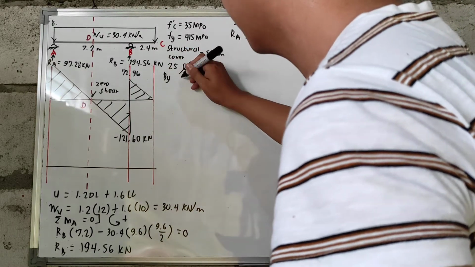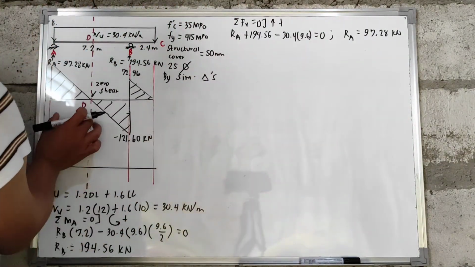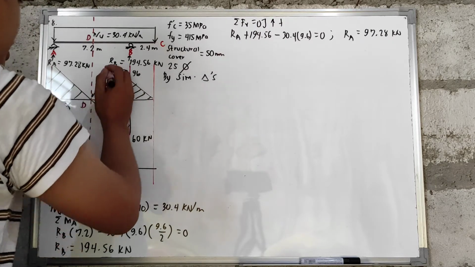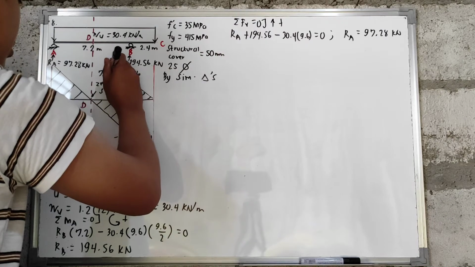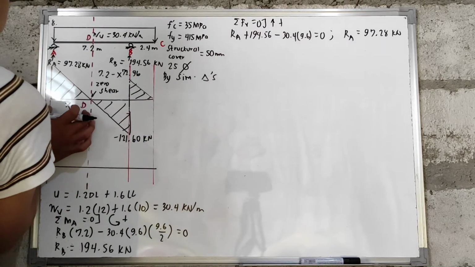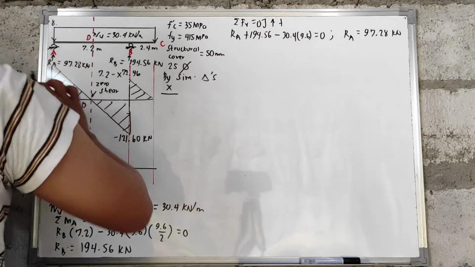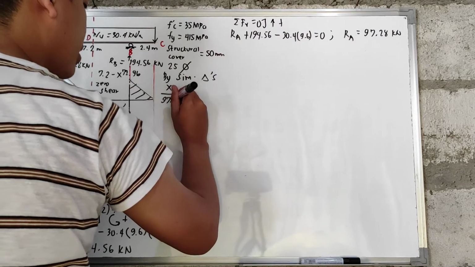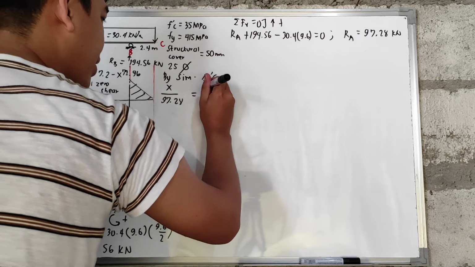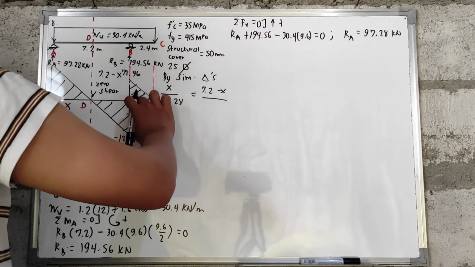So by similar triangles, sabihin natin this is X. And siyempre yung matitira, that is equal to 7.2 minus X. So by similar triangles, base X over yung height ng isang triangle na 97.28 is equals to base, which is equal to 7.2 minus X over yung height ng triangle natin, 121.60.